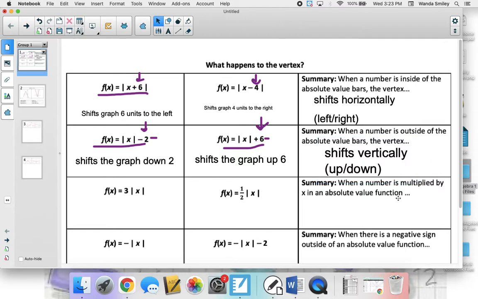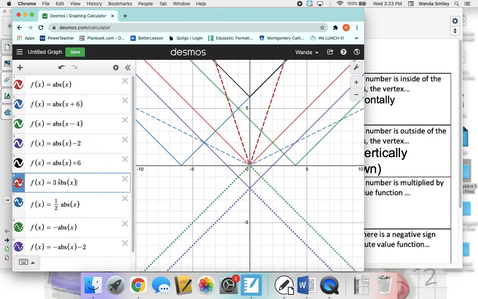Okay. All right, then we did a number in front of the absolute value bars. So when the number is 3, it is this dotted line right here, which made it skinnier than the original one. And then the blue dotted one made it wider than the original one.